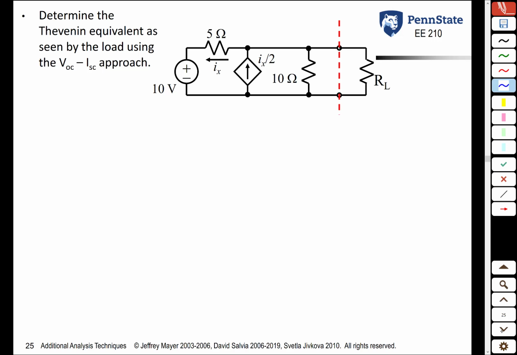So this circuit looks something like the circuit before, except now we have a dependent current source rather than an independent current source. Because of this, we cannot use the equivalent resistance method to find our Thevenin. So instead, we have to use the VOC-ISC approach. So the first step is to find VOC, which, by the way, you'd have to find even if you were using the equivalent resistance method.